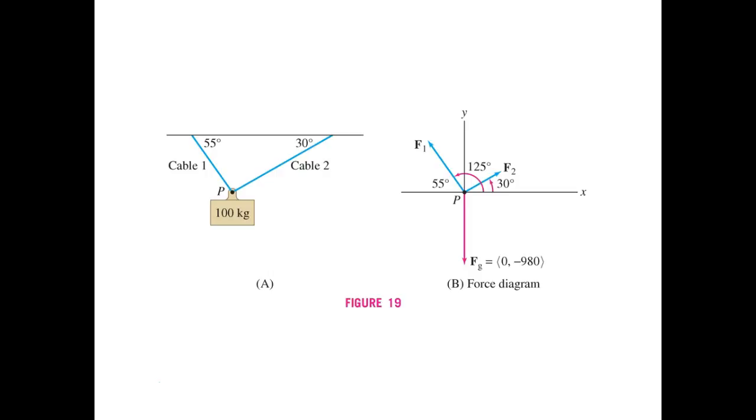Force of cable 2 on this mass is a force in that direction. Okay. Now, if this is angle theta here, then if you draw a horizontal line here, that also is going to be theta. If that's 30, this is 30. If that's 55, this one's 55. Okay? So that's how they were able to get away with this. Force on cable 2, force on cable 1. Okay?